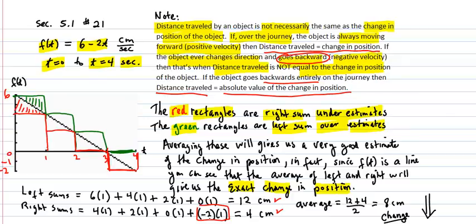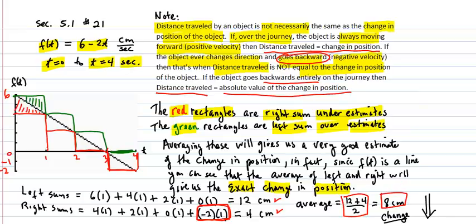So you're going backwards 2 centimeters per second backwards. So your change in position is being affected by that. So it comes out 4 centimeters for your approximation of your right sum. You average those together, and it comes out 8 centimeters total change.